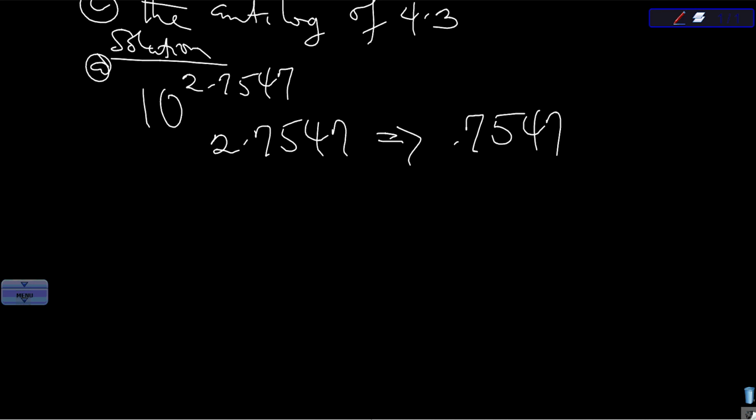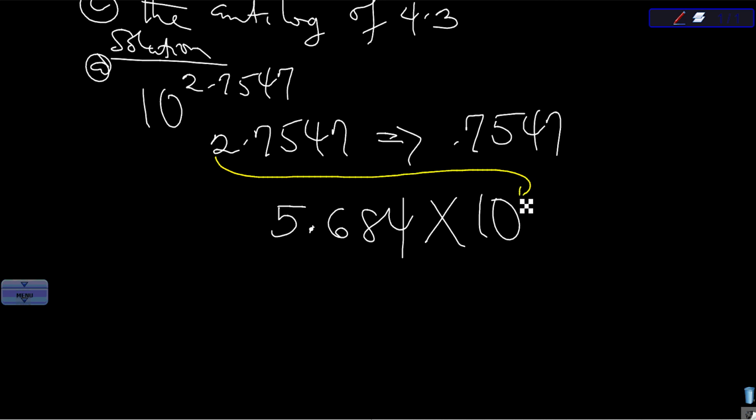When you check this properly, you will get 5.684. Truly, they will not put the decimal point, but I want you to know that anytime you check your antilog table, the decimal point is always between the first and the second digit. So you put it there. Then what's the next thing? You have to multiply it by 10 raised to a particular power, and that power is always gotten from your integer.